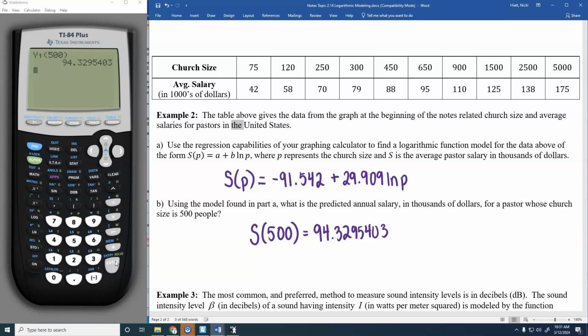So that would be your answer. I would probably put 94,329.54 per year. It does say in thousands of dollars here, so I think you'd be okay just stopping with that decimal.